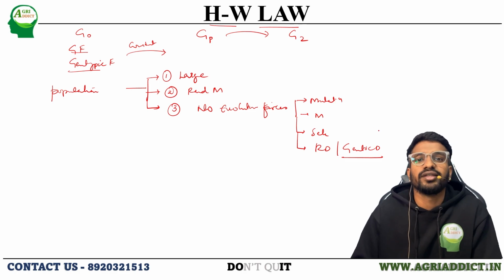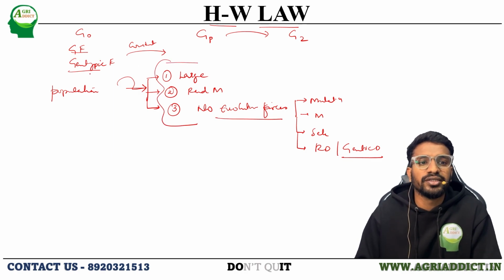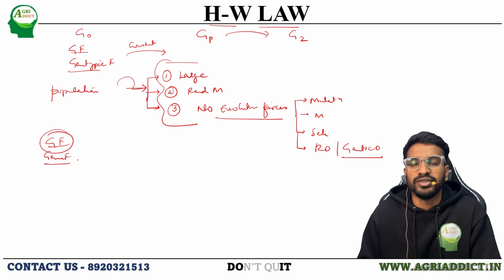In a population that is sufficiently large and satisfies these conditions, both the gene frequency and the genotypic frequency will remain constant from generation to generation. That is what this law tells us.